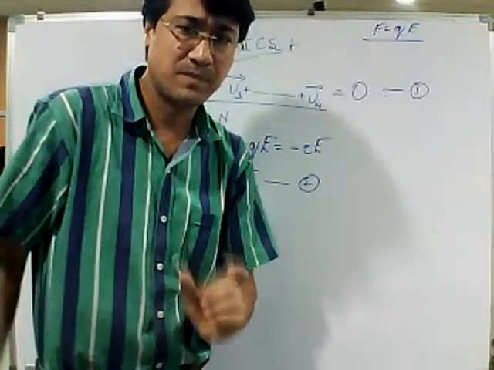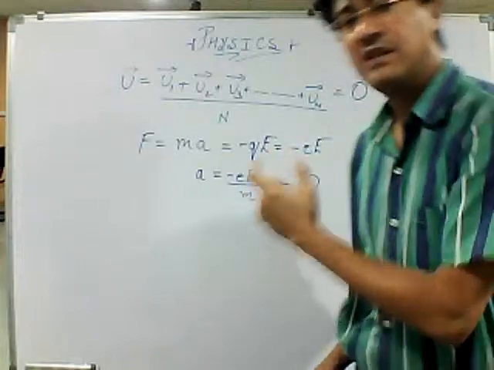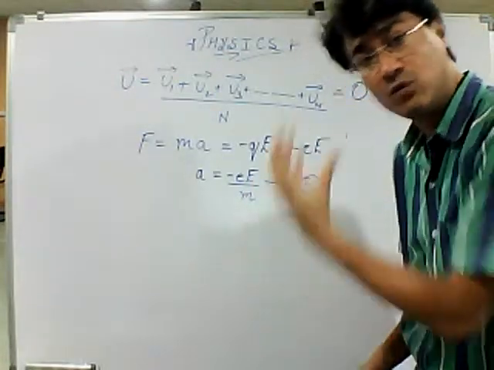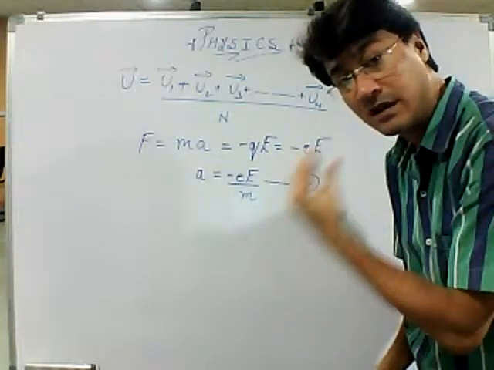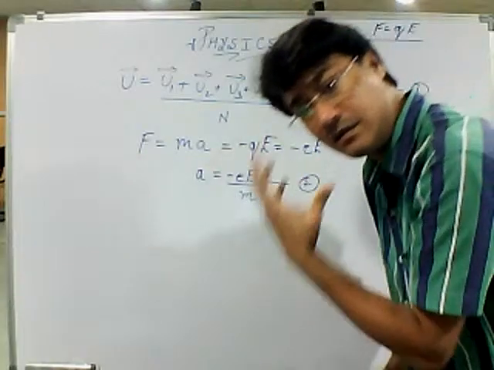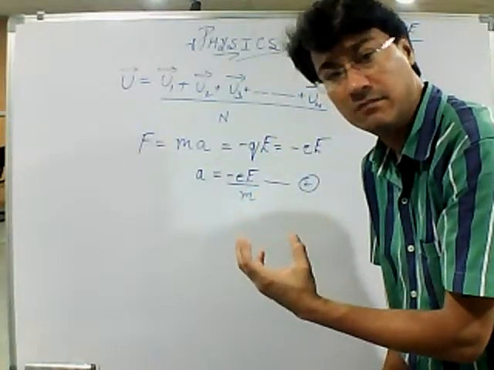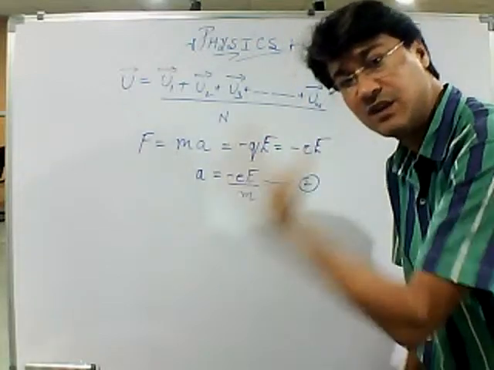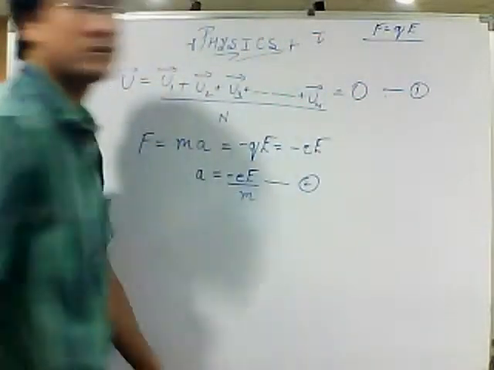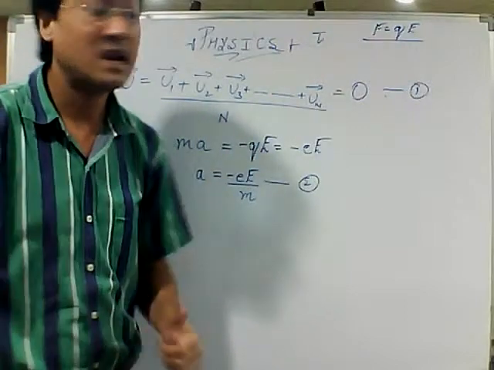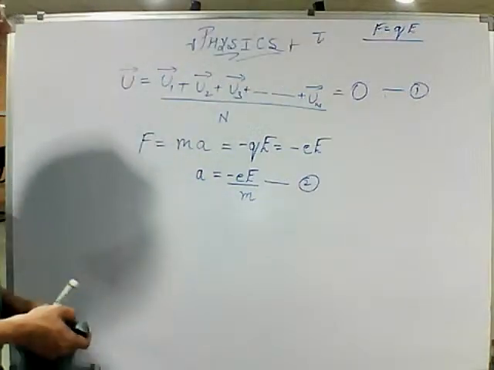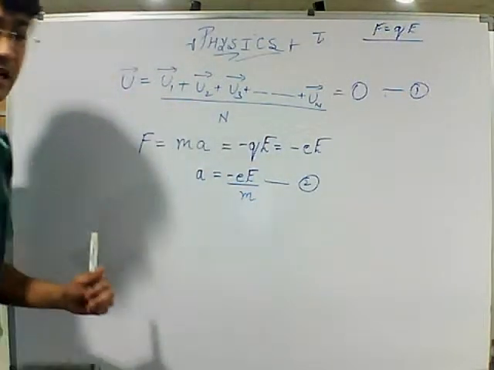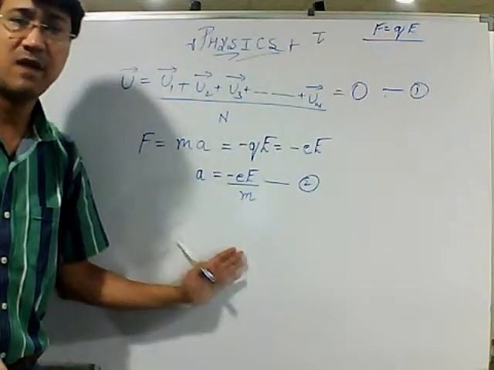Now the time in which it is accelerated between two successive collisions, I repeat, before colliding, is termed as relaxation time, and is represented by the Greek letter tau. So we have two expressions: the average of initial velocities as 0, and the acceleration as minus eE by m.